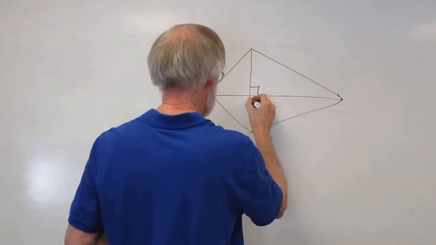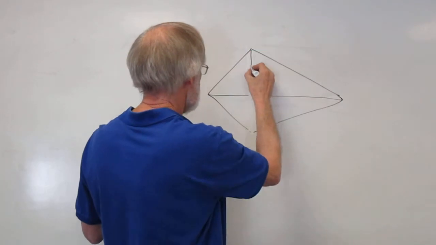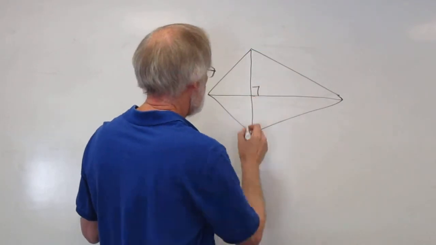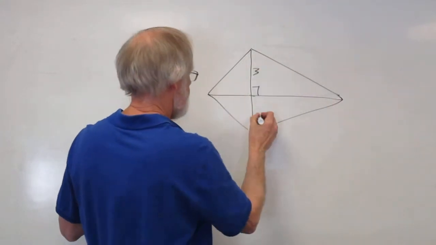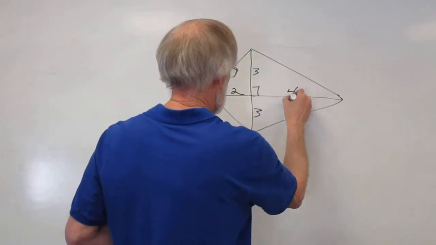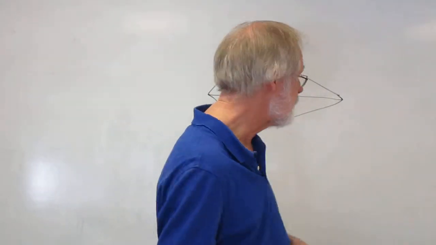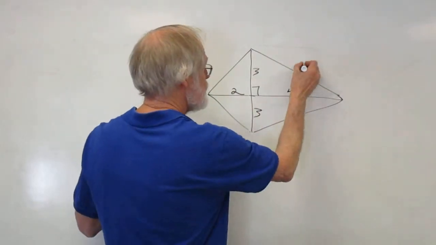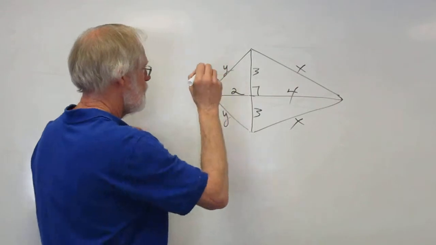Sorry, that's not a very good diagonal. There we go. Okay, let's try that again. All right, now, if these are labeled, let's say this is a 3, and this is a 3, and this is a 2 and a 4. Now, you are asked to find the lengths of the sides. So these are going to be identical, we'll call them X, and these are going to be identical, we'll call them Y.